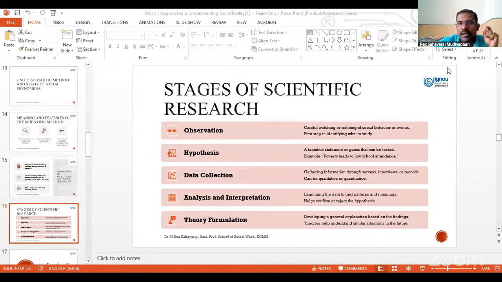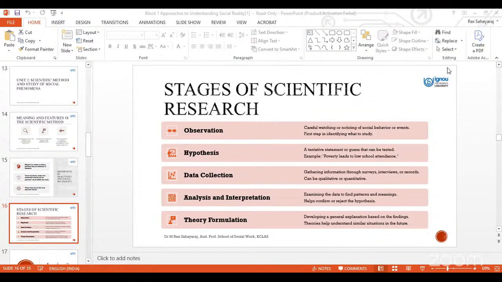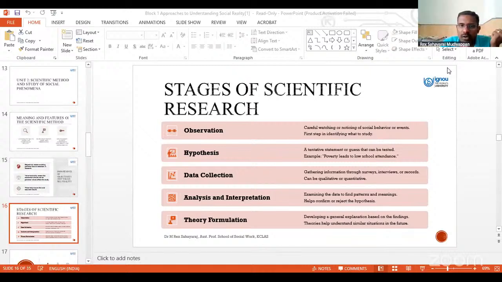If the answer is known, you need not do research. Am I right? If something is well known, we need not conduct research, because it's well known. The need of research is to identify something. The need of research is to explore knowledge.